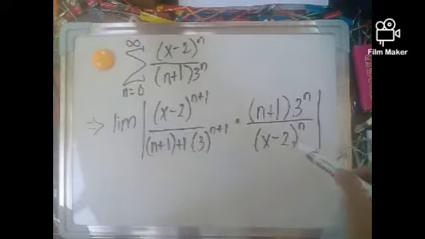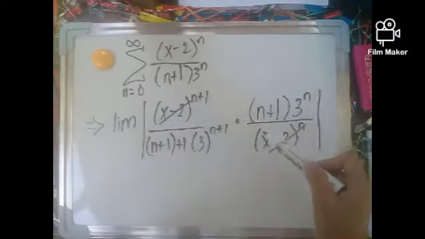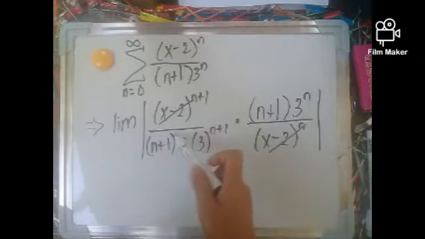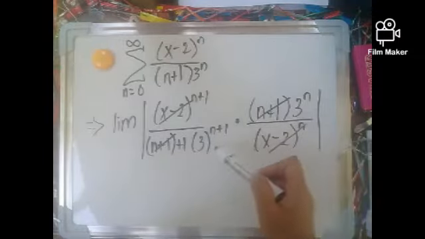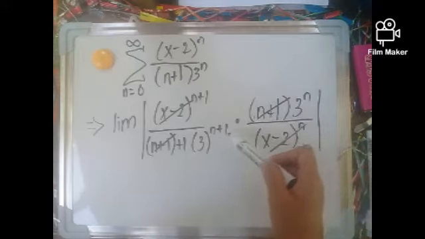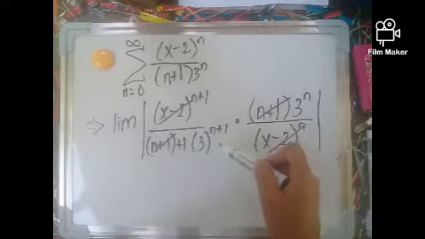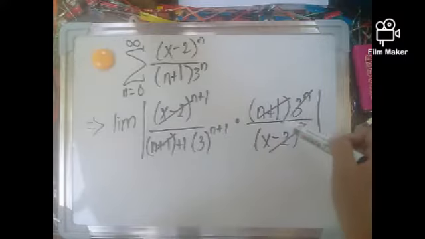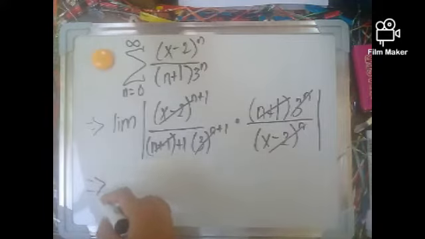So, cancel the x minus 2 raised to n. And then we have n plus 1 over n plus 1. And then the 3 raised to n will become 3 raised to n and 3 raised to 1. So, 3 raised to n will be cancelled. So, ano na ba ang natira?